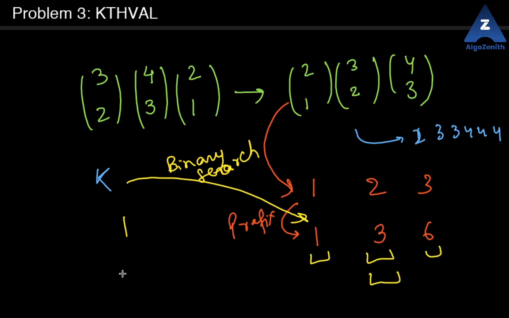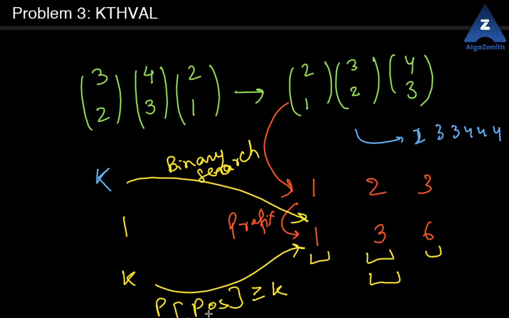So for every k, you need to find the position of the first element that is greater than equal to that particular k, right? Find pos such that this prefix that you built, prefix of pos, is greater than equal to k. Find the first such pos, right? And this you can find easily using a binary search. To be precise, you can find this out using lower bound as well.